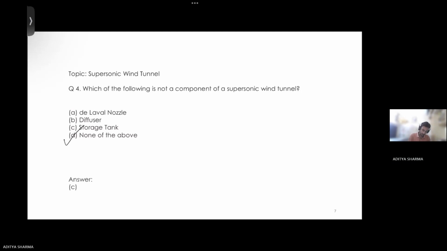A mistake I didn't see, but the option would be D here.